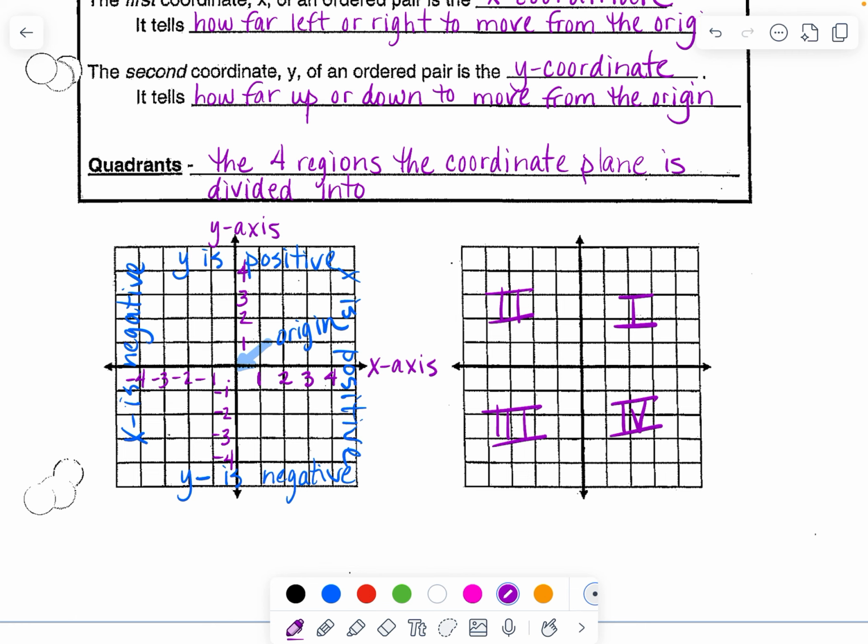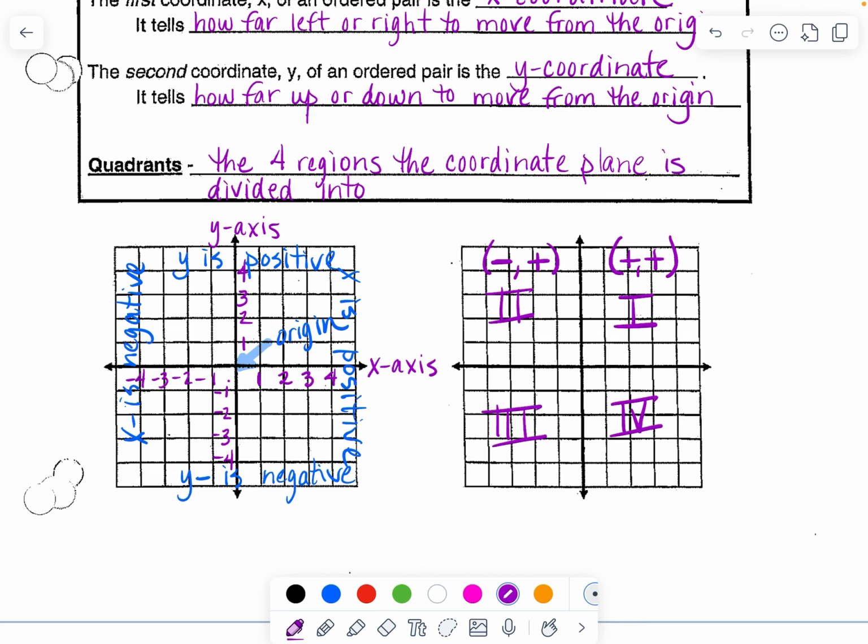And so if you think about where the x's and y's are positive versus negative, in quadrant 1, everything would be positive. So if you had an ordered pair that landed in quadrant 1, they would both be positive, your x value and your y value. If you were in quadrant 2, your x values, think about the fact that you'd be left of the origin, would be negative, but you would be above the origin, so your y values would be positive.